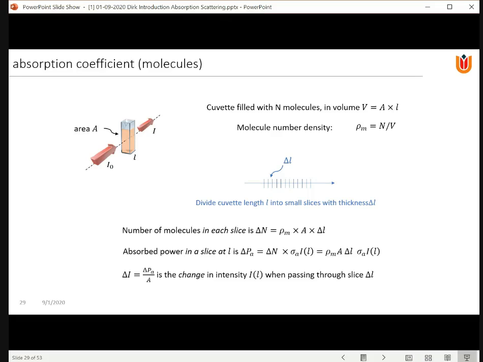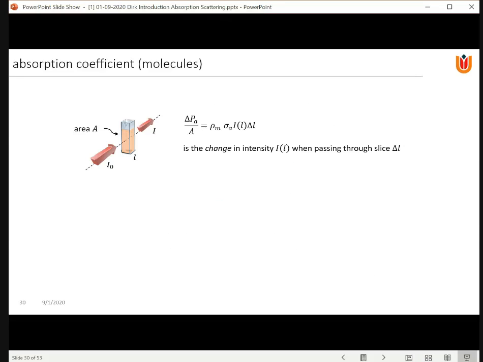This is the change of intensity when passing through that slice. We can write that as the difference between the intensity at the back of the slice and the intensity at the front of the slice. That is now on the left-hand side. On the right-hand side is still this change in intensity.